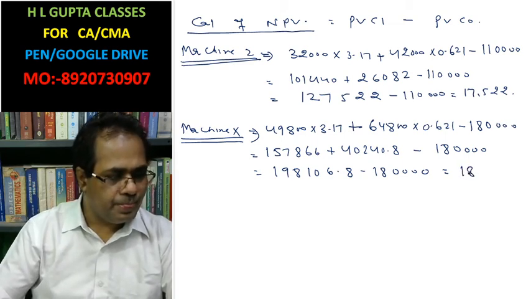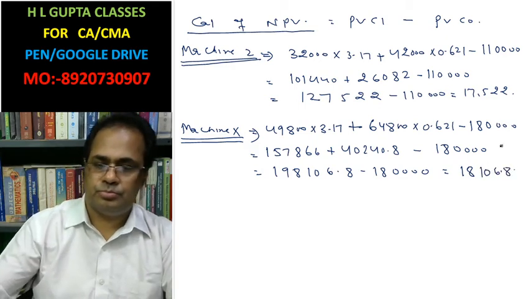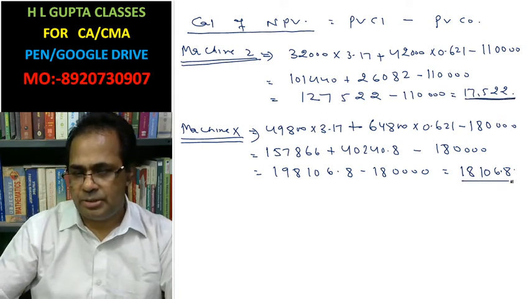This is your net present value for this, 18,106.8.